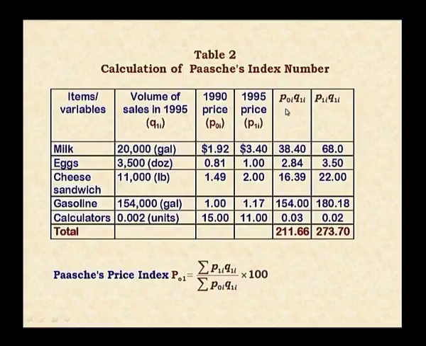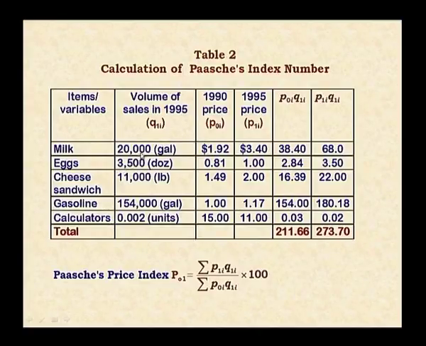Then the next column is of the product of P0i times Q1i, and the last column is of the product of P1i and Q1i's. And here we have the items like milk, eggs, cheese, sandwich, gasoline, calculators.